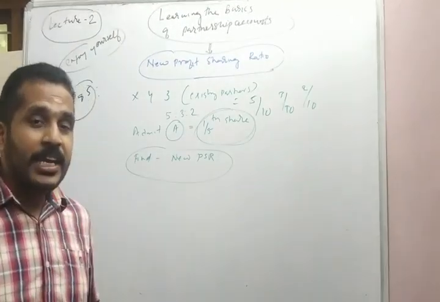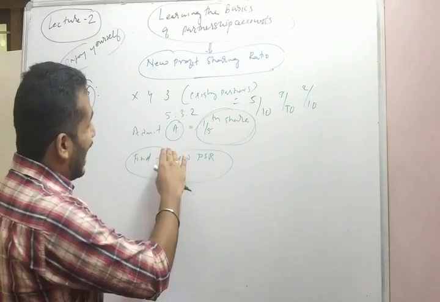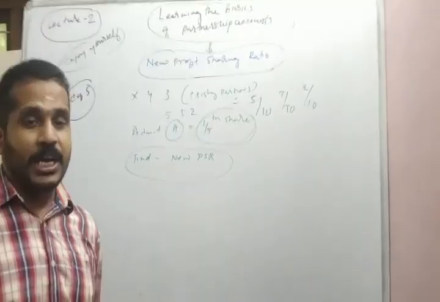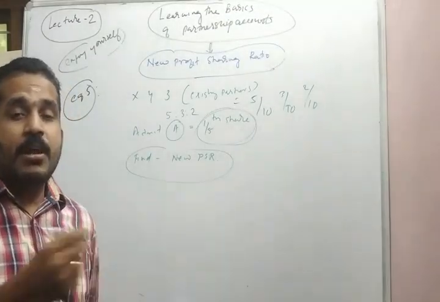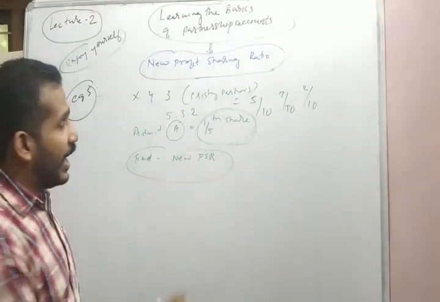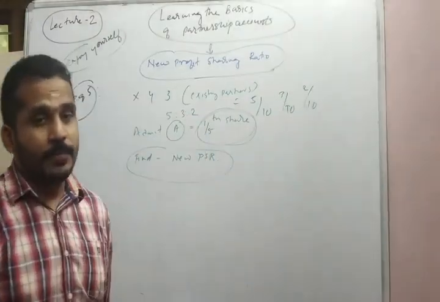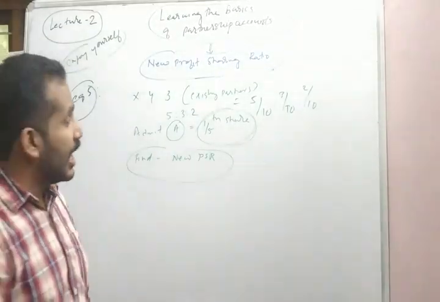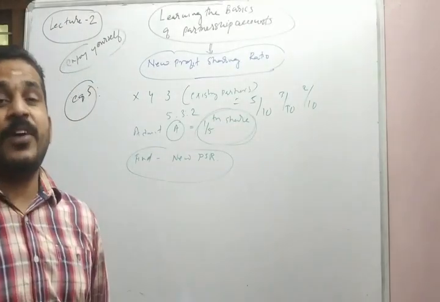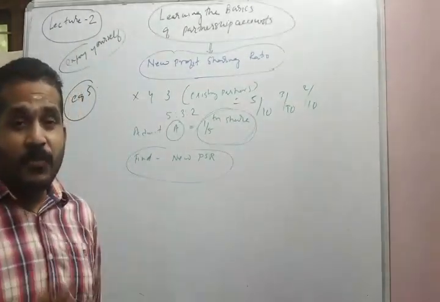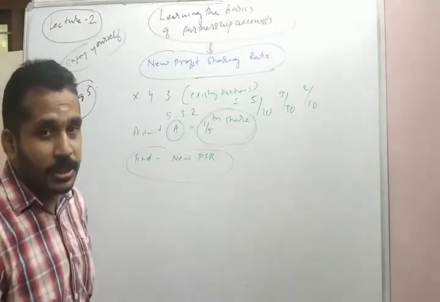Here the question itself says A is admitted with 1/5 share. So the question does not speak about from which partner A has taken the 1/5 share. In the previous two problems, the question clearly specified the sacrificing aspect of the partners.